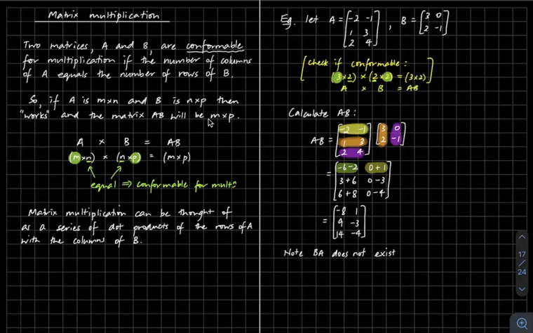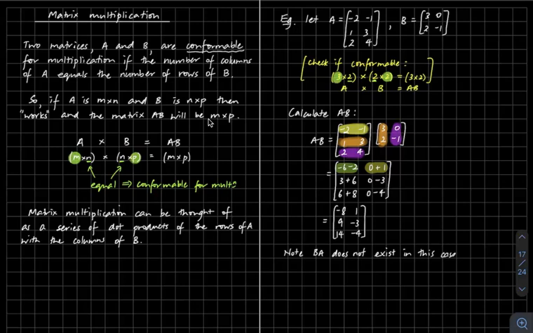And the reason BA doesn't exist is that if we were multiplying matrix B by matrix A, we'd be trying to multiply a 2 by 2 times a 3 by 2, and those numbers there don't match, and so therefore this would not be conformable for multiplication. So BA does not exist in this case.